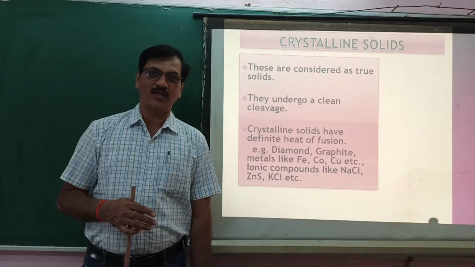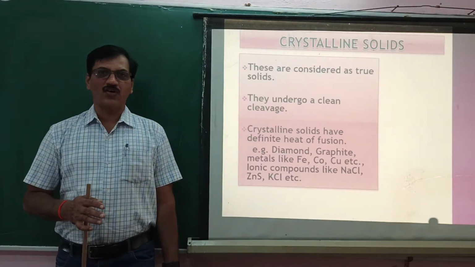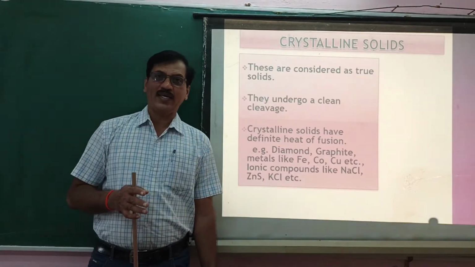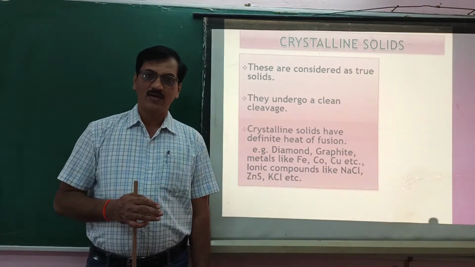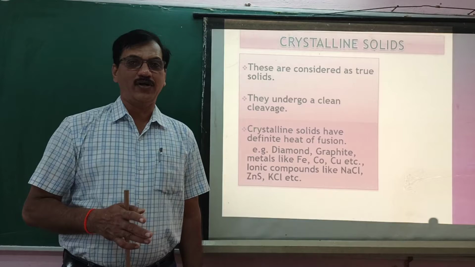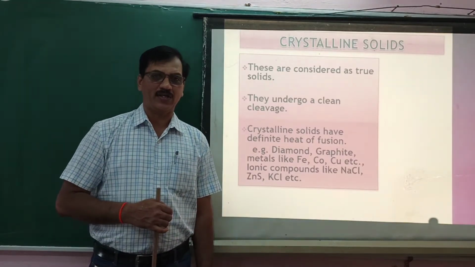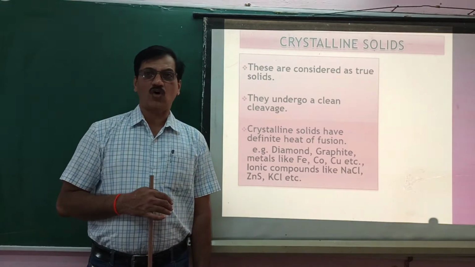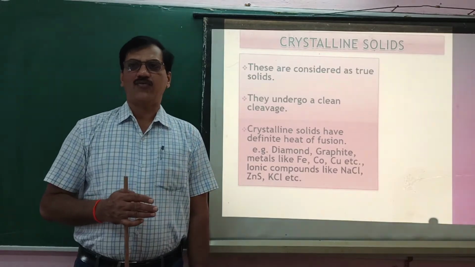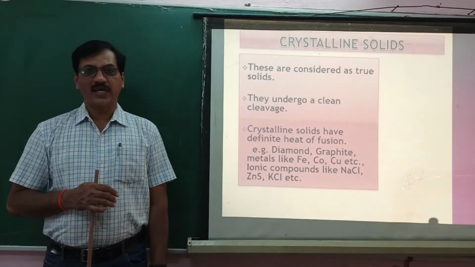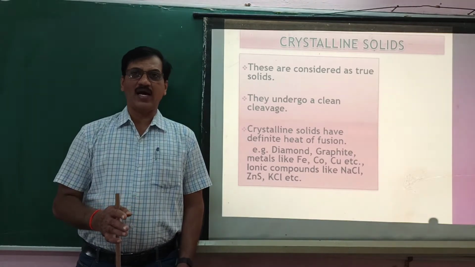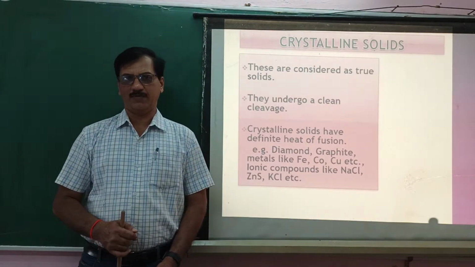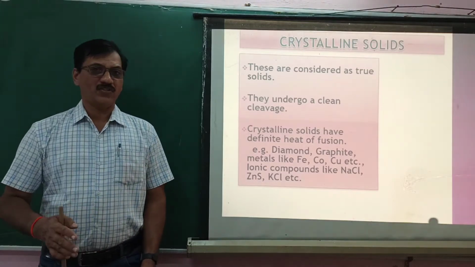What is heat of fusion? If you take 1 kg of a solid, the heat required for conversion of 1 kg of solid into its liquid at its melting point is called the heat of fusion. Crystalline solids have a definite, fixed heat of fusion. But in amorphous solids it is not so.